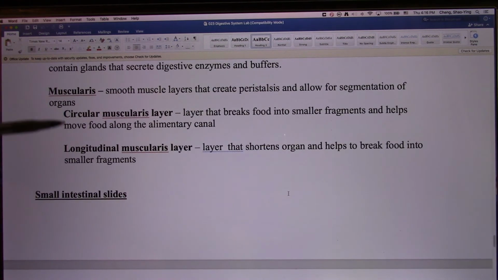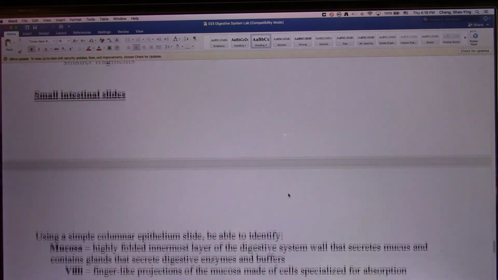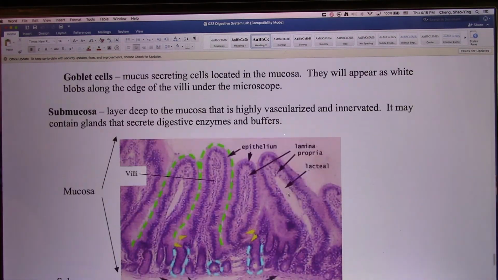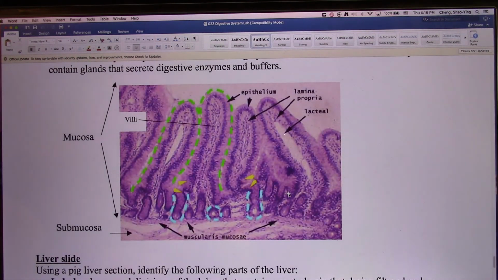It always has two layers of smooth muscle: one mixes the food with digestive enzymes, and the second pushes the food from top to bottom. They are a circular layer and a longitudinal layer. So these are the four layers. This picture shows your small intestines: this is the mucosa layer, this is the submucosa layer, and in the mucosa layer you have those villi.